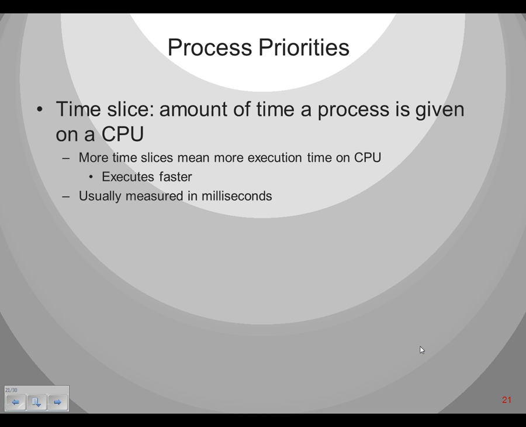Process priority. Time slices are the amount of time a process is given on a CPU. More time slices mean more execution time on the CPU. It executes faster. It is usually measured in milliseconds.